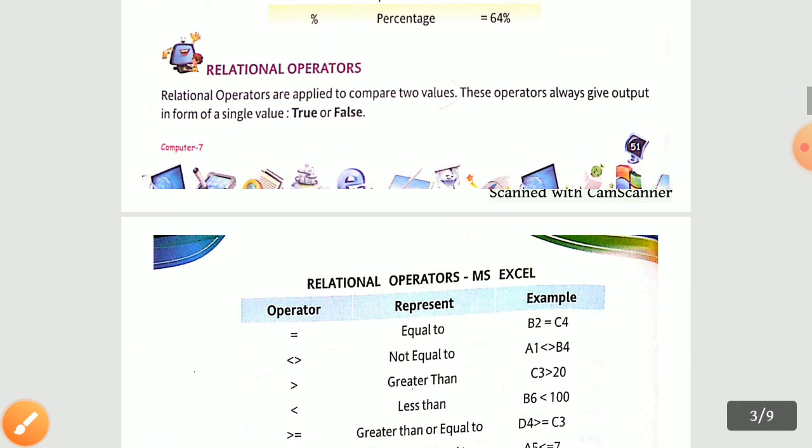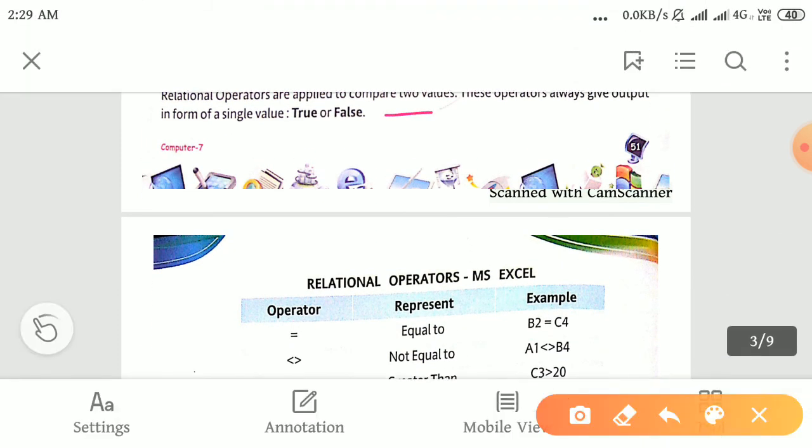Fine. Now let us move on to our relational operators. See, relational operators are applied to compare two values. As I've already told you, relational operators we are using for comparing two values, right? So when it is comparing two values, it is giving you yes or no, right? So true means yes, false means no, right? If you ask whether 5 is greater than 2 or not, it is true or it is false, right?